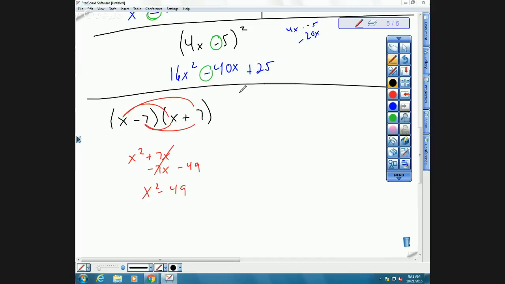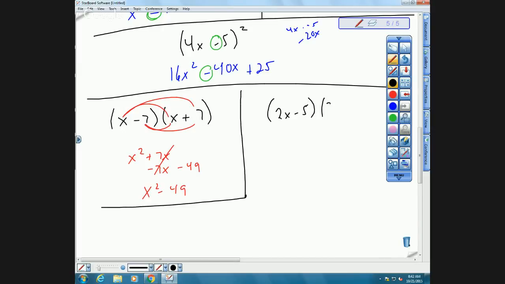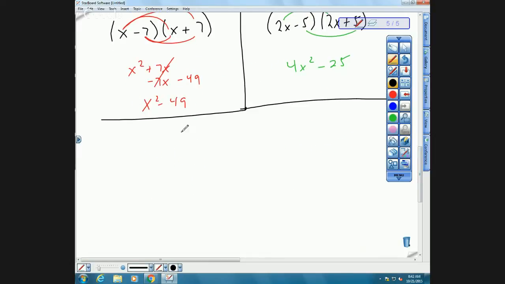So if I had this problem, since this is the same thing with different signs, all I have to do is 2x times 2x is 4x squared, and -5 times 5 is -25, because if I actually FOILed it out, the middle terms would just cancel. I do not like even teaching that one. I don't spend very much time on it because then you're going to go to this problem right here, and you know what you're going to write for your answer?